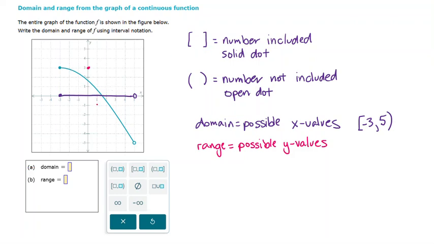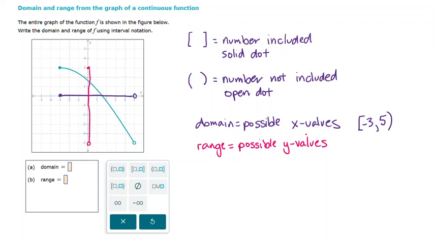Now my graph goes all the way down to -5. So I'm going to trace it down here, but at -5, it's an open circle. So that means I'm going to use the parenthesis bracket around -5. So this graph, again, remember, even though I started up here, we start with the smaller number.